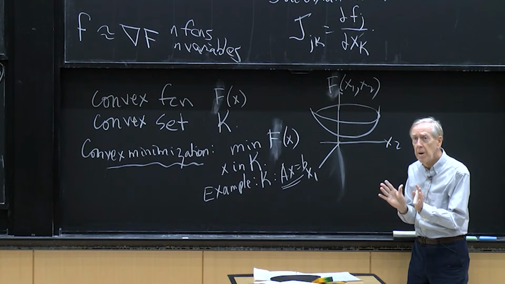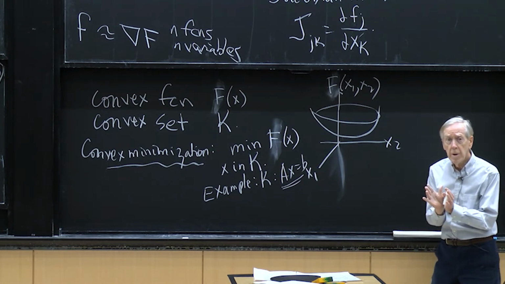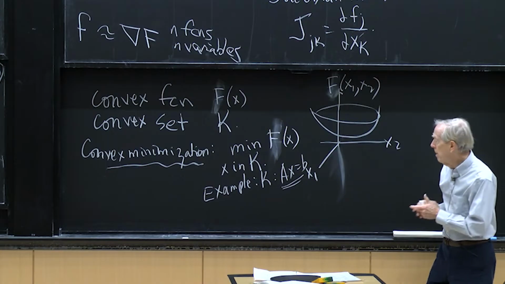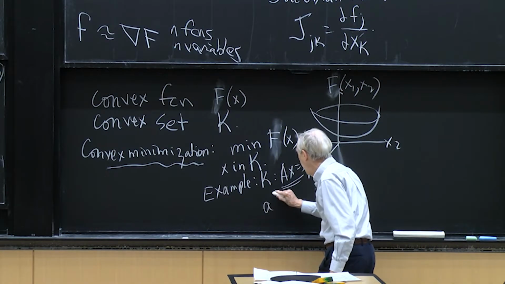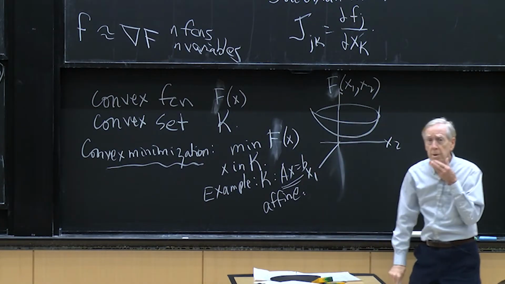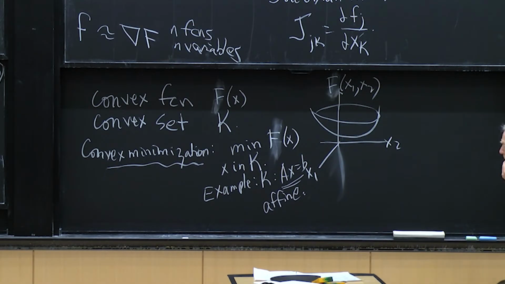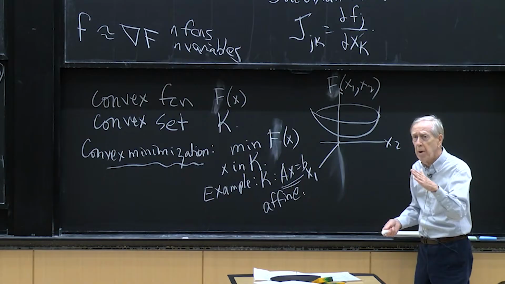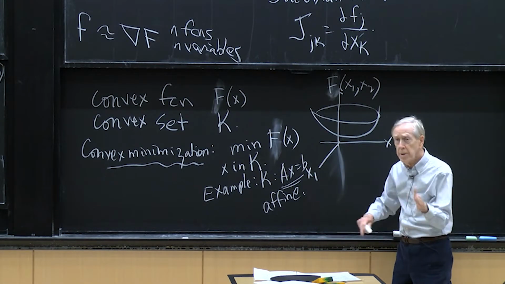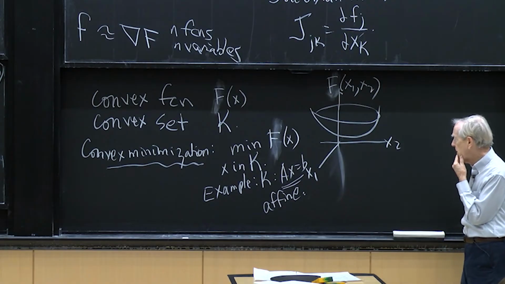You know the word for a subspace that's moved over? Affine. So I'll put that word down. A bunch of words to learn for this topic, but they're worth learning. It's like a plane, but not necessarily through the origin. If b is not 0, it doesn't go through the origin.